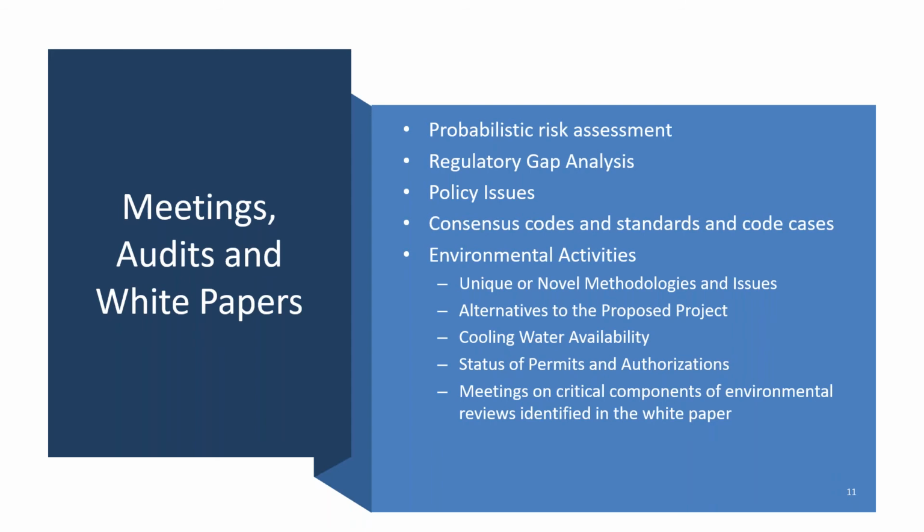So the first item being a PRA review, what we're proposing here is that the prospective applicants should facilitate NRC staff's audit of the PRA peer review prior to submitting an application, and should explain to the staff how the PRA will be used to support your application to determine the acceptability of the PRA for its plant use.